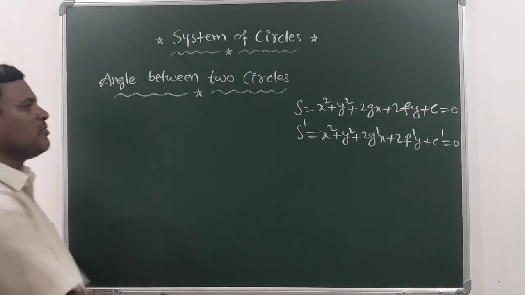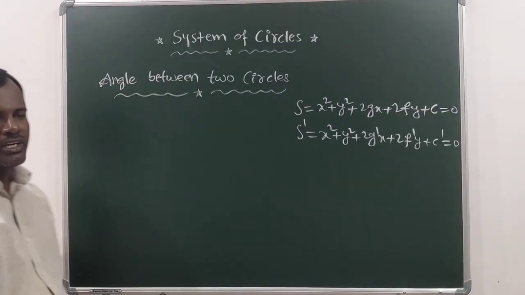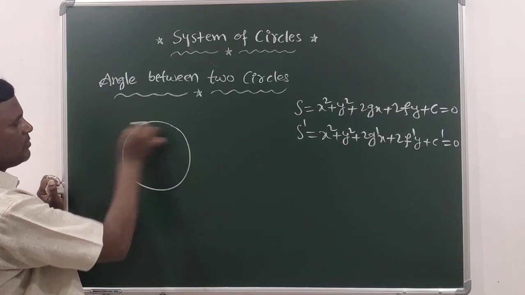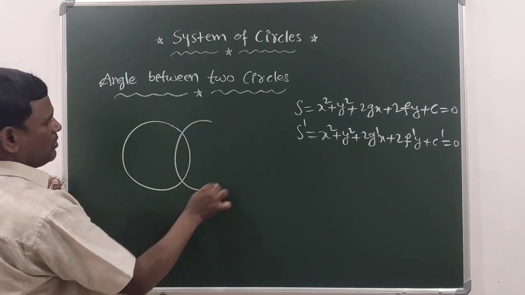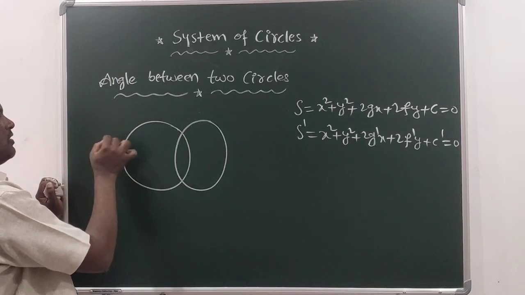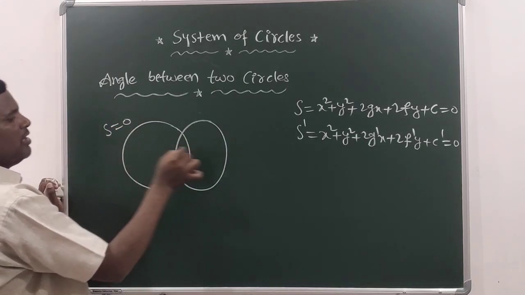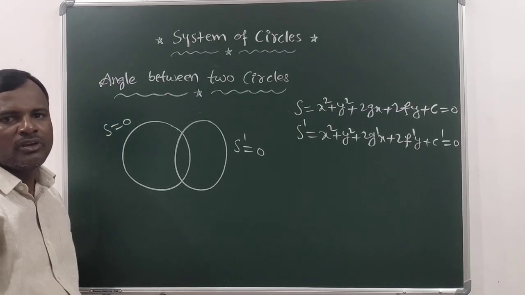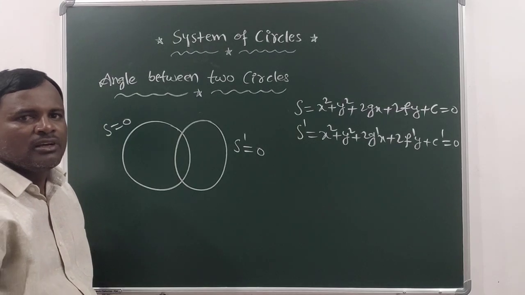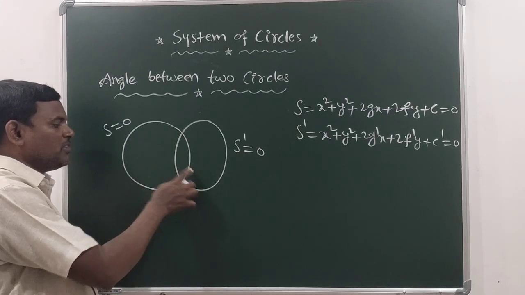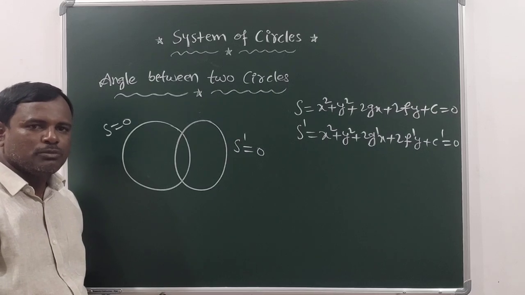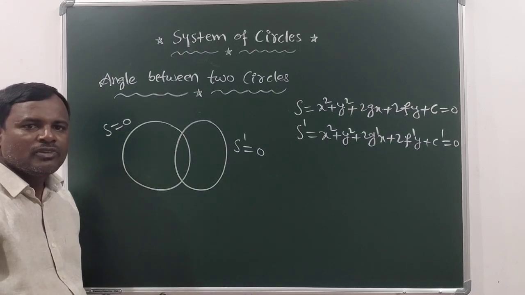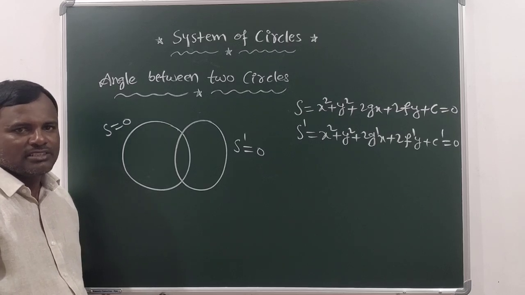Now draw the figures of these two circles. Let us name the first circle S equal to 0 and the second one S dash equal to 0. You know, students, angle between the circles is possible if and only for intersecting circles.